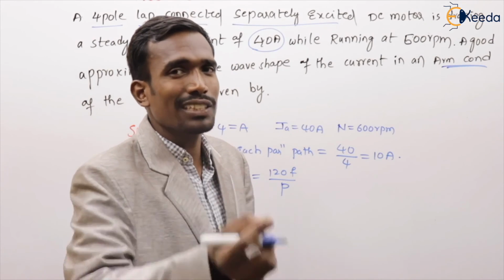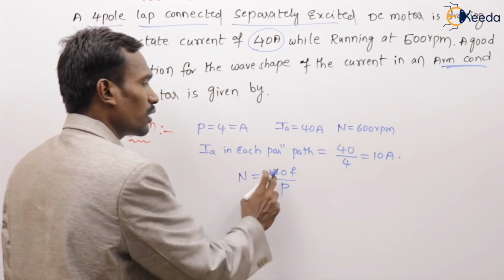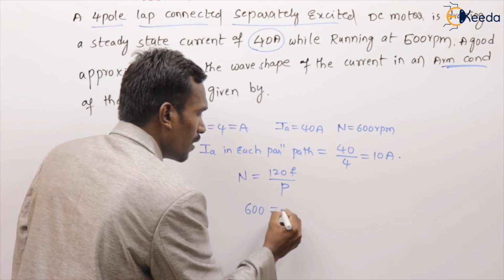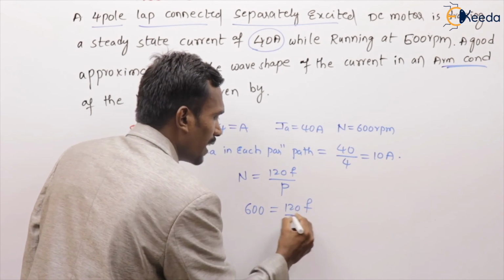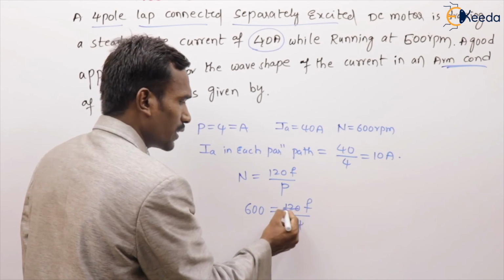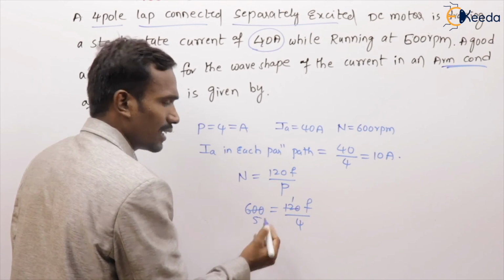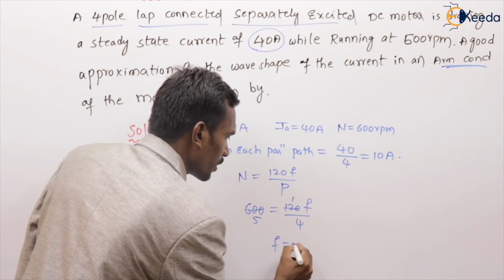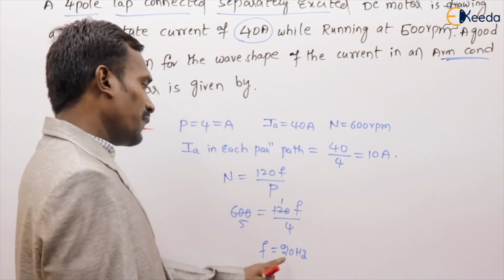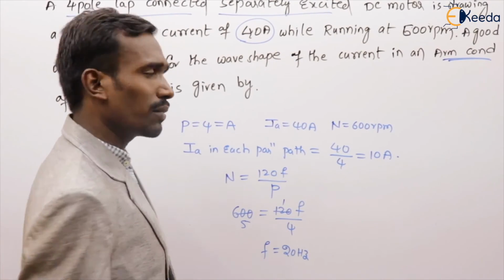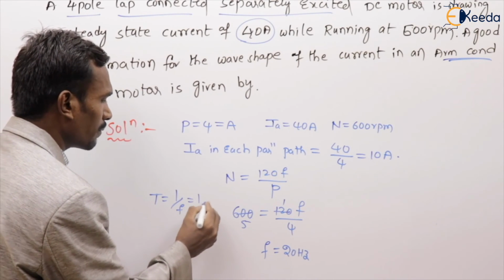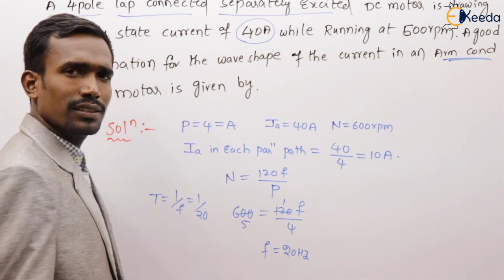So with N equal to 600 and P the number of poles equal to 4, 120 F by 4 gives F equal to 20 hertz. But I want the time period. Time period T is equal to 1 by F, nothing but 1 by 20.